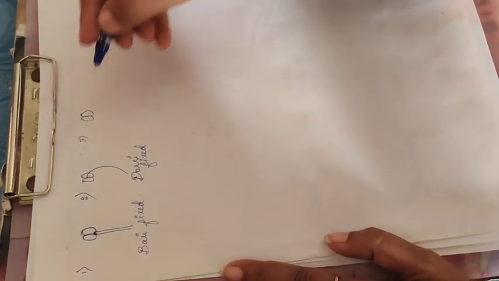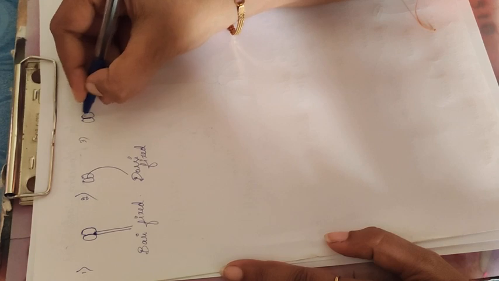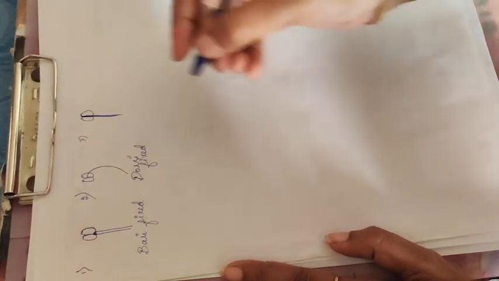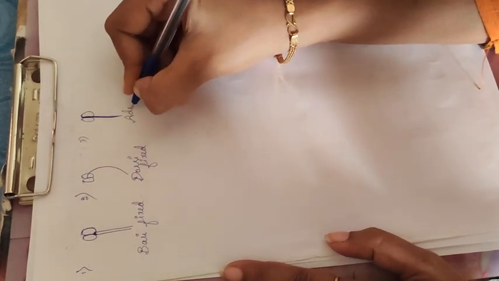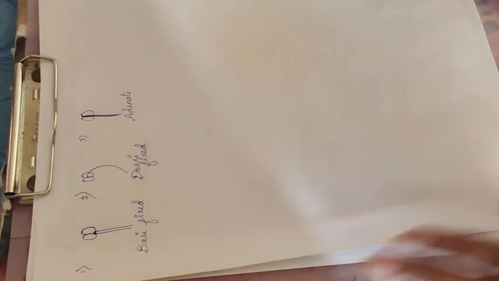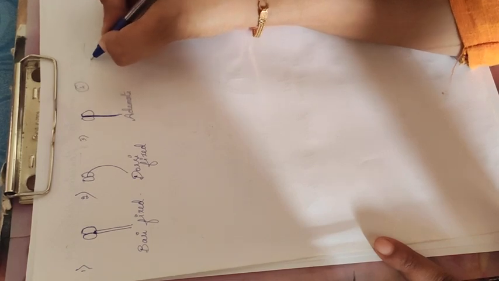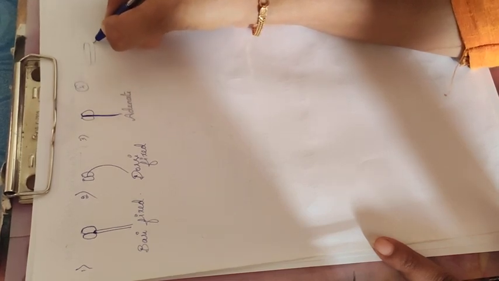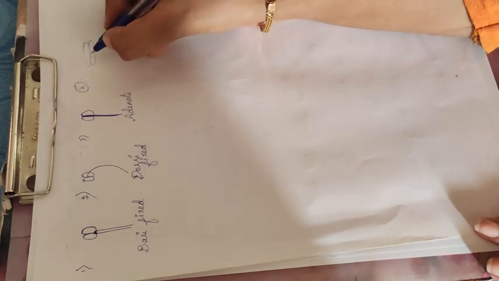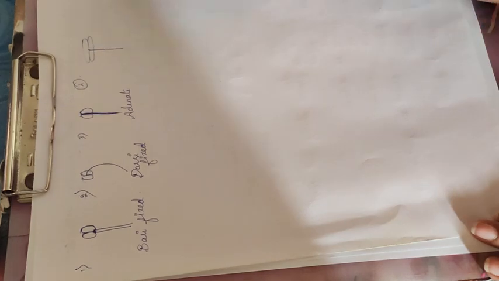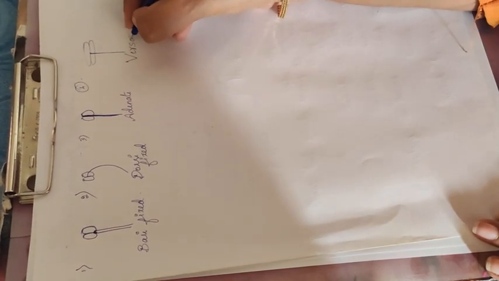If the filament is attached all along this anther like this, you call it the adinolate type of fixation. And there is one more type, the fourth, called versatile, where anthers are long this way and you can see here the filaments are attached at the center like this. You call it the versatile type of attachment.